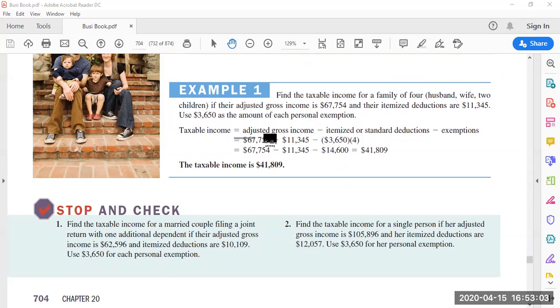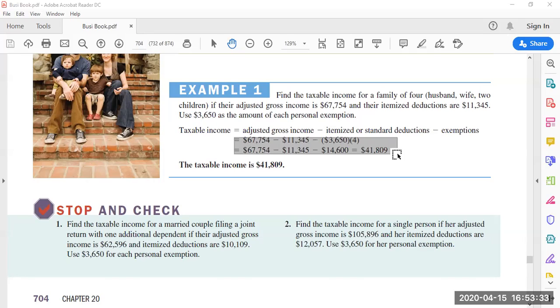$67,754 minus the $11,345 for the itemized deduction minus the personal exemptions. In this case, they had 4. And the amount for each is $3,650. So they multiply that by 4 and found out a total of $14,600 could be used for exemptions.